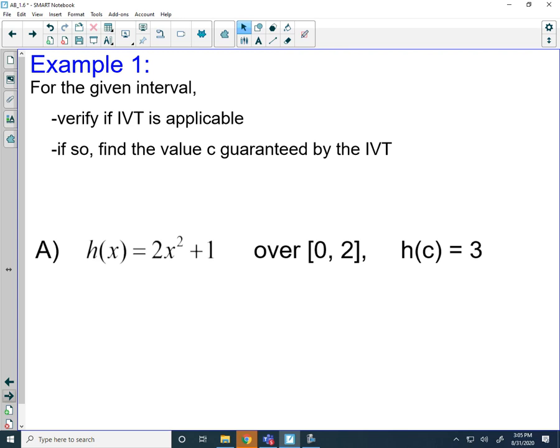So here's some math examples. It says, for the given interval, we want to verify if IVT is applicable. And if it is, we're going to find c guaranteed by that theorem. So let's remember, what does it mean for IVT to be applicable? 2 things have to be true. 1, we need a continuous function on a closed interval.